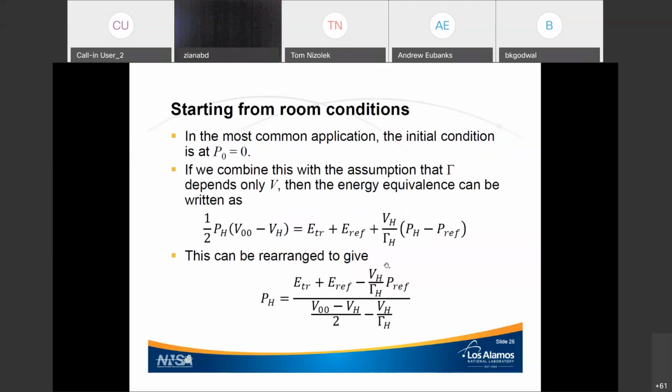And if we rearrange this to get the Hugoniot pressure on one side and everything else on the other side, we get this for our Hugoniot pressure.